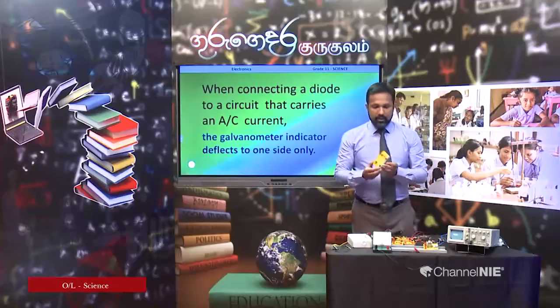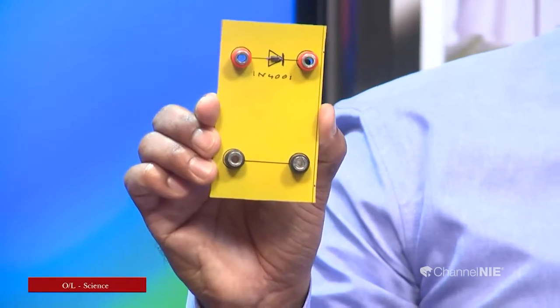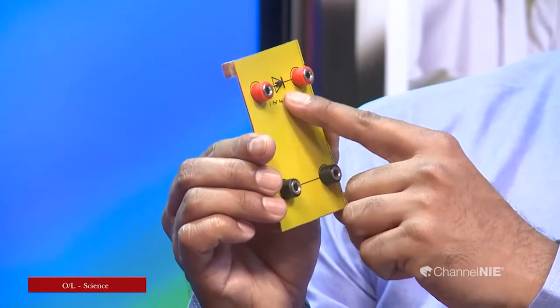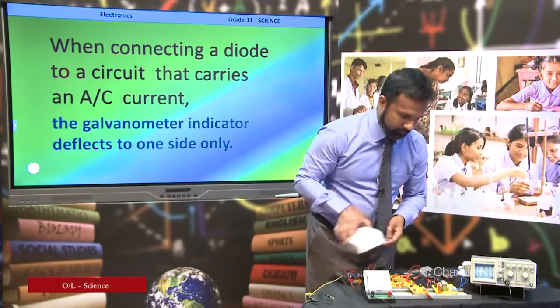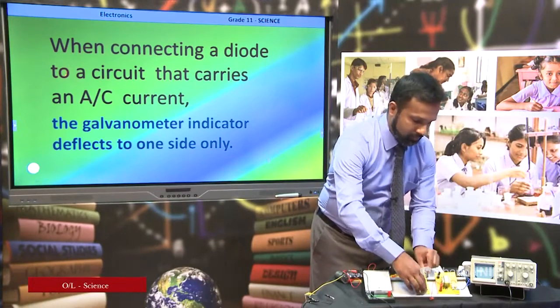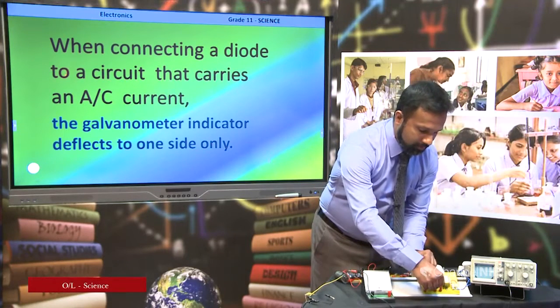Right. This is the prepared diode. Here you can see the direction of the arrowhead. I am going to connect the positive terminal to the positive side.